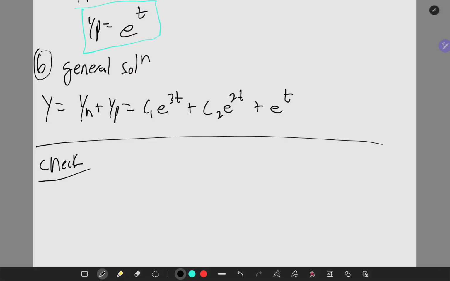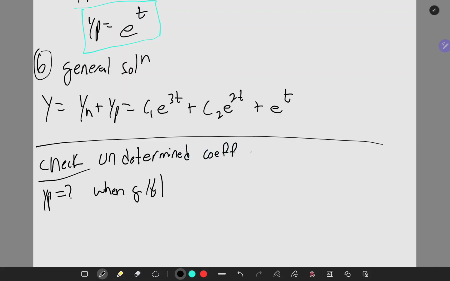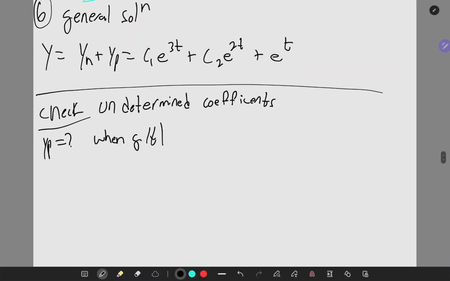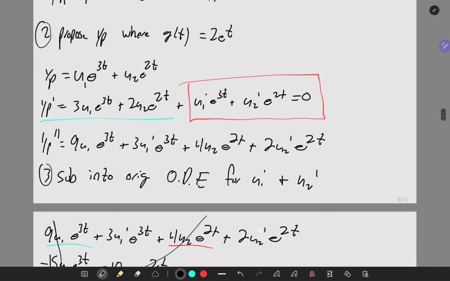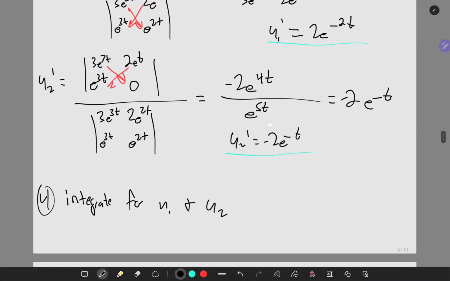So y sub p is equal to what? Let me just write this: undetermined coefficients, when g of t was, what is it, 2e to the t, I think? 2e to the t.